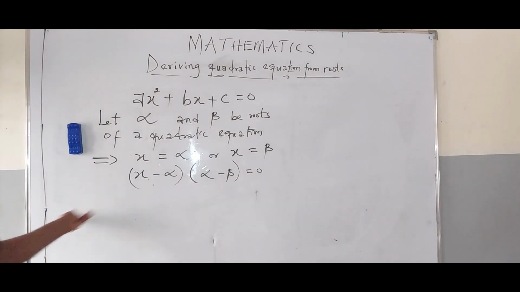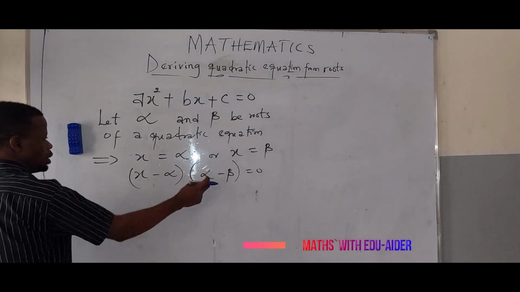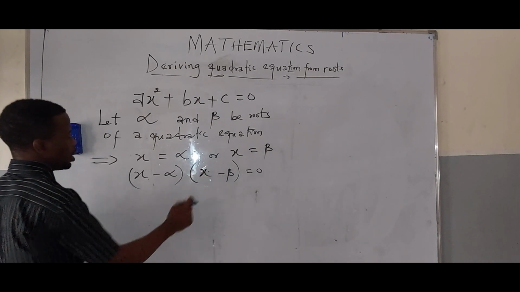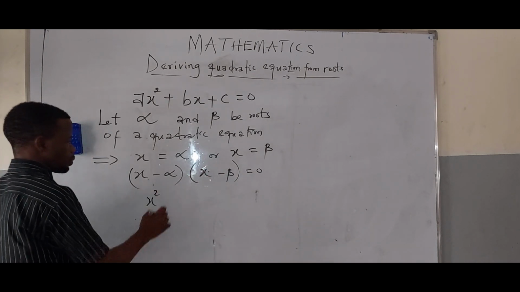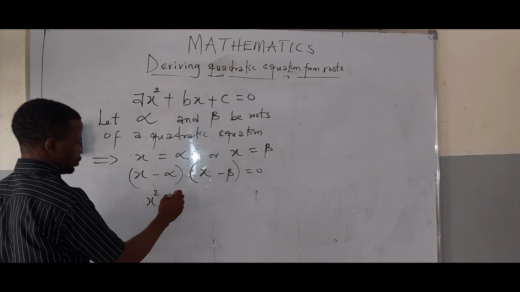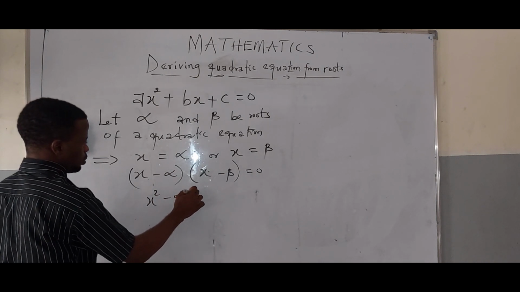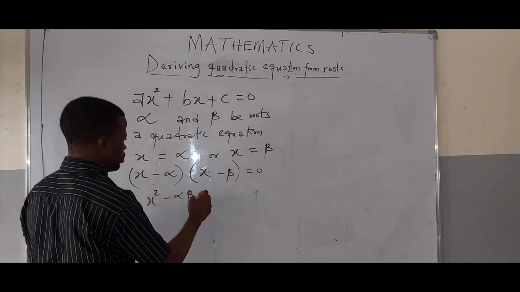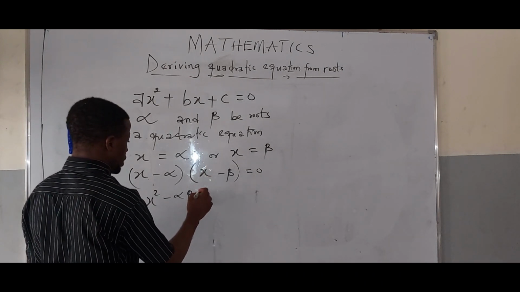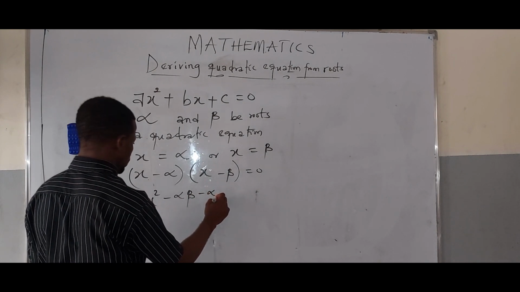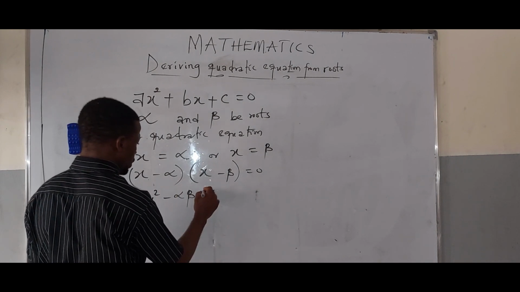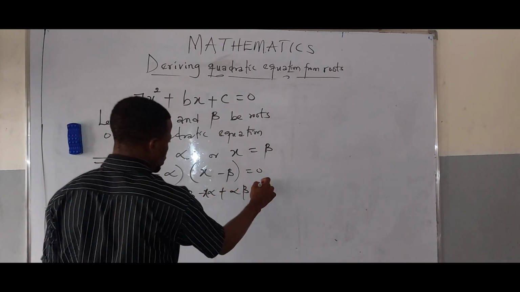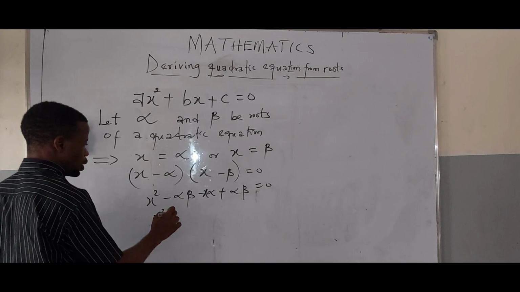Let's expand this. Expanding this, we have x minus alpha times x minus beta. So x squared, minus x beta, minus x alpha, then this times this, plus alpha beta is equal to 0. So we have x squared.